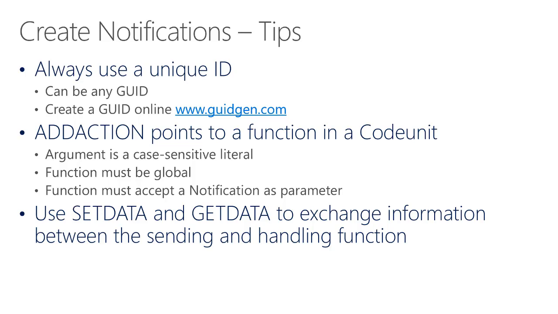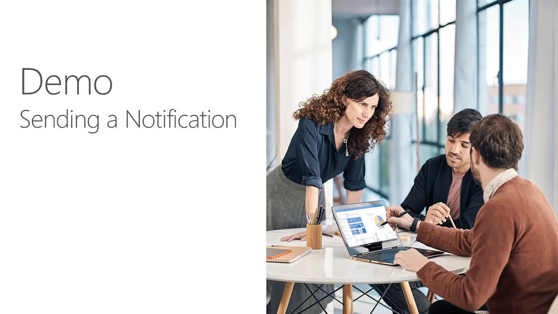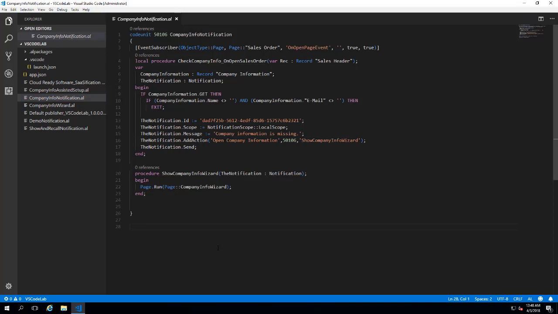So let's take a look at one of those notifications. Here's the company info notification codeunit. As you can see, I have a function called show company info wizard. In the add action, the codeunit 50106, that's this one, company info notification, show company info wizard.